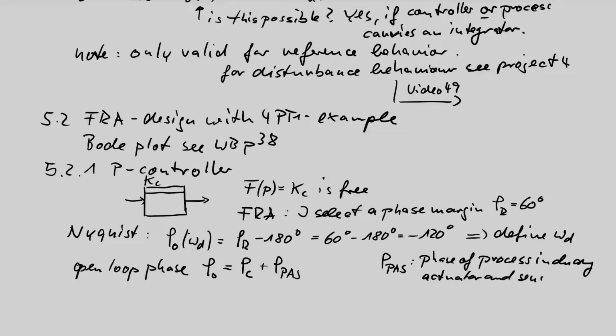If you measure your Bode plot, of course, then you have the input of the actuator and the output of the sensor, and you can only measure this phase curve with your Bode plot measurement device, with your gain phase analyzer. So this curve contains all parts except the controller. In our case, we know the P controller has no phase.